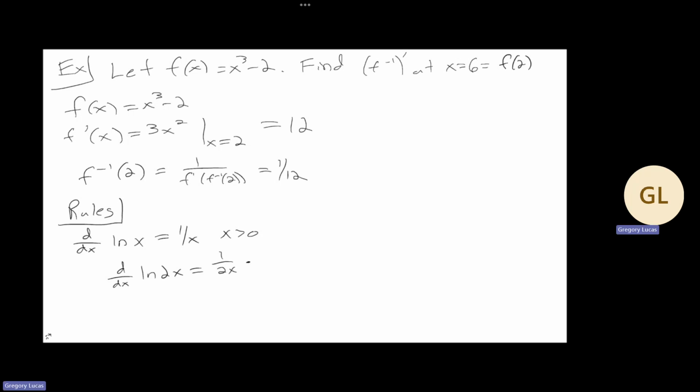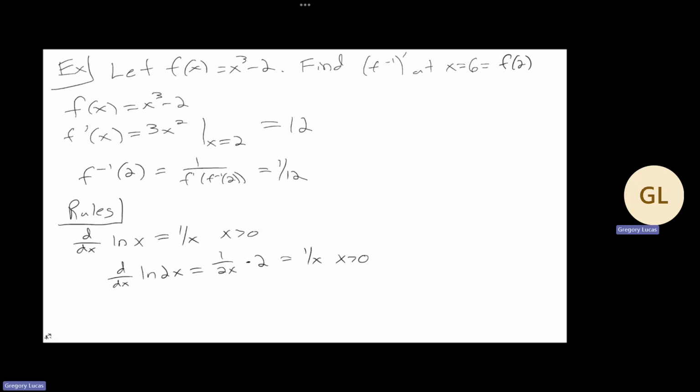So accounting for the chain rule, we multiply by 2, and we get 1 over x as well. So we'll see that if we take the derivative of ln of anything with just one term in x, like ln 3x, ln 4x, ln 5x, it's still 1 over x, because when we use the chain rule, it's going to cancel out. But we have to be careful with our domain. X should be positive here.